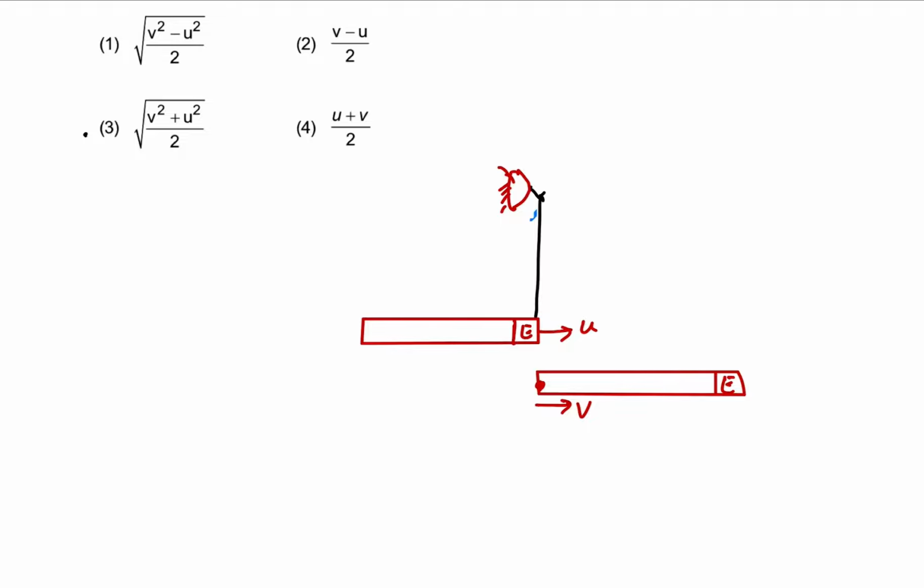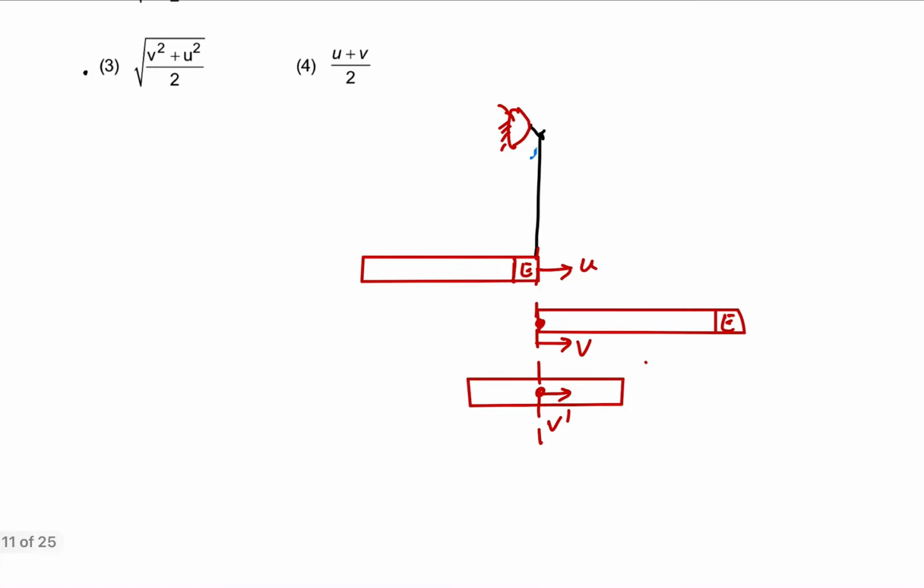This is the engine. The last bogie is moving with velocity v. Now, if you want to calculate the velocity of the midpoint, you can see this is the midpoint which is moving with velocity v dash, you consider.